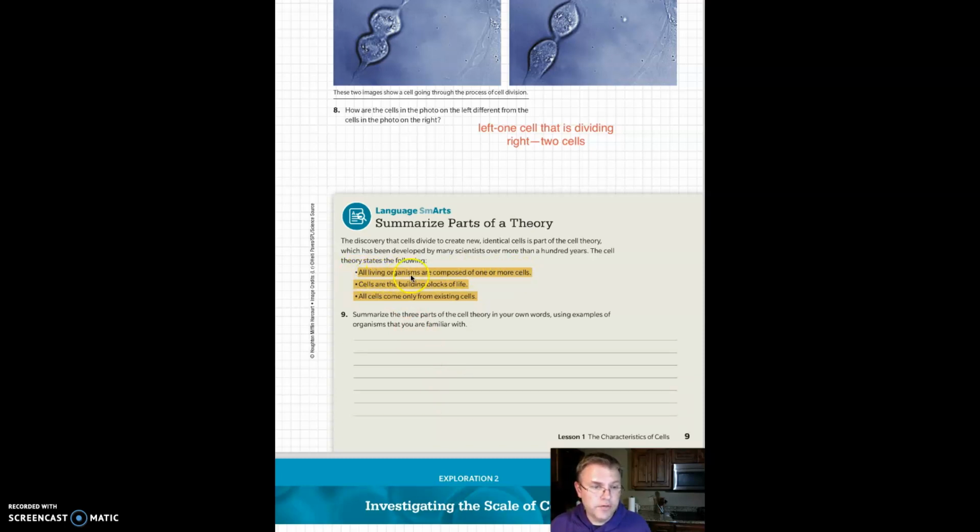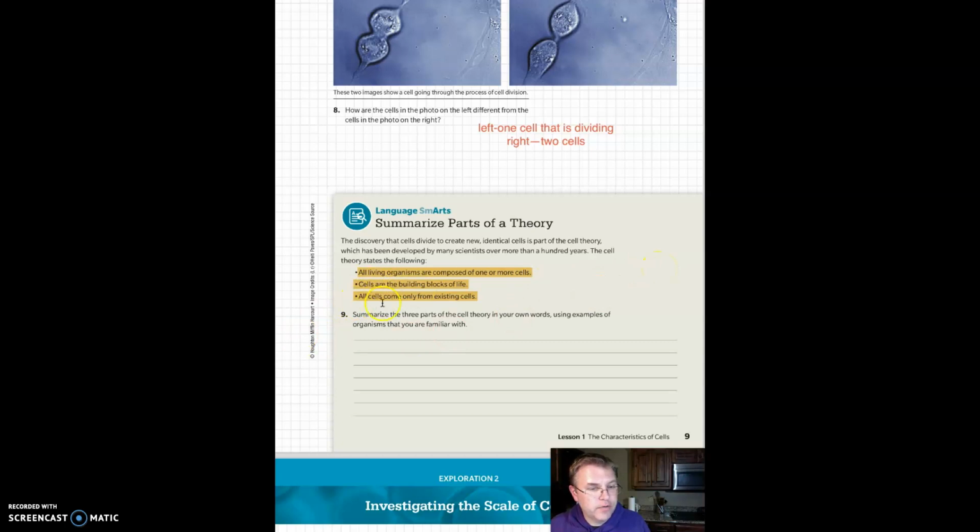All living organisms are composed of one or more cells. So every single living thing is made up of one or more cells, single-celled or multicellular. Cells are the building blocks of life, the second part of the cell theory, which states that every living thing is made out of those building blocks, those bricks that we were seeing in those pictures. Those are cells.